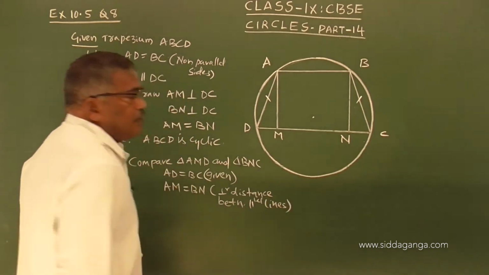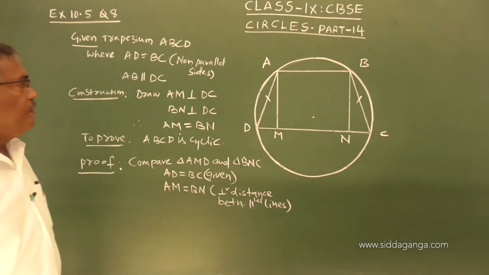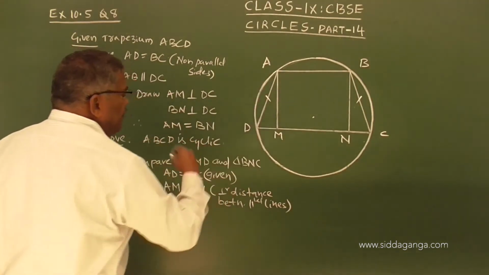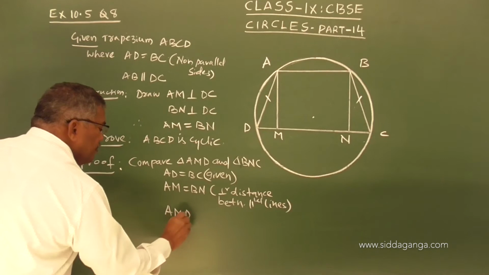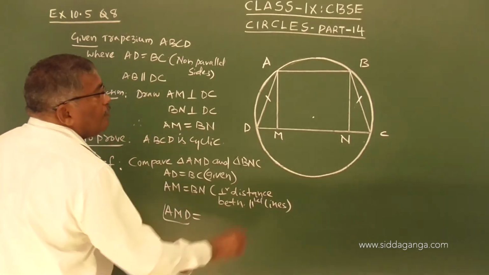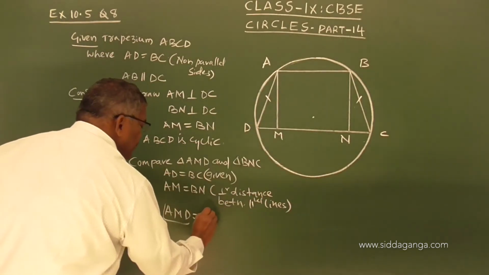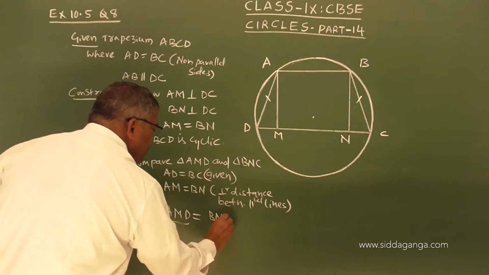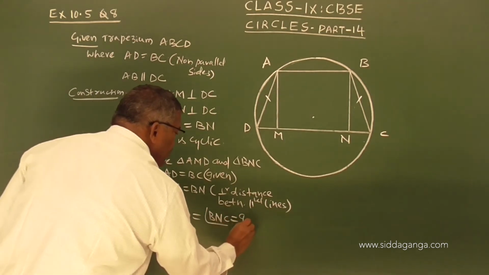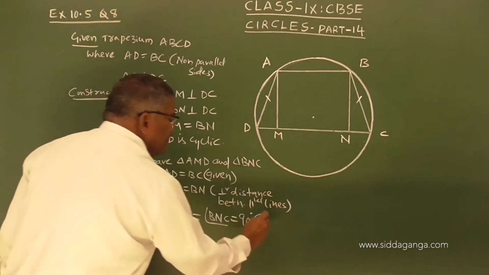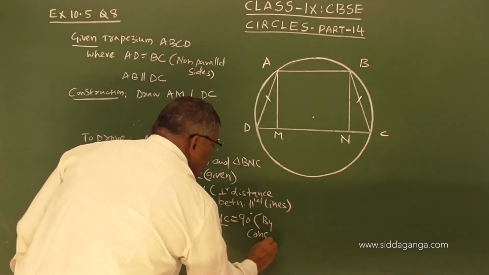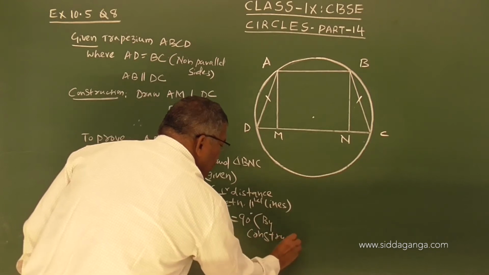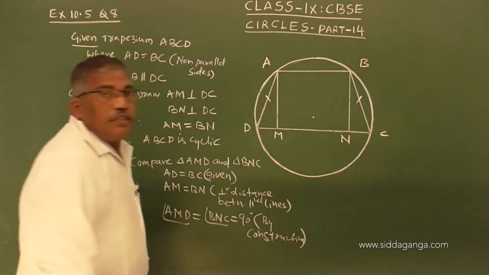Therefore, they are equal. Now, angle AMD is equal to angle BNC is equal to 90 degrees. It is by construction.